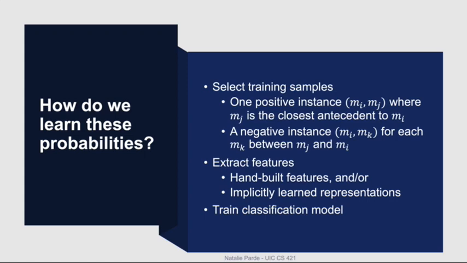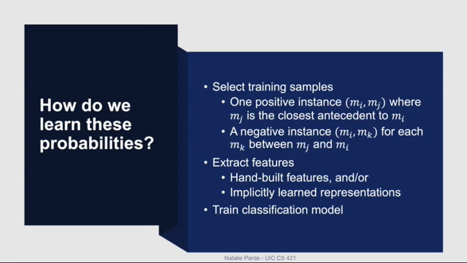Given a labeled training set with labels indicating antecedent-anaphor relationships, we can take as a positive sample the actual labeled pair between the anaphor M sub j and the antecedent M sub i. We can take as negative samples all of the pairs between M sub i and M sub k, where M sub k is a word existing between M sub j and M sub i in the training set.